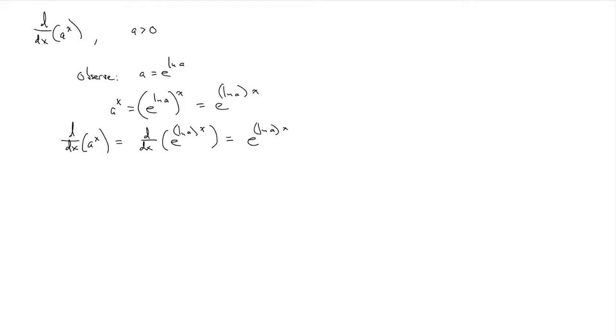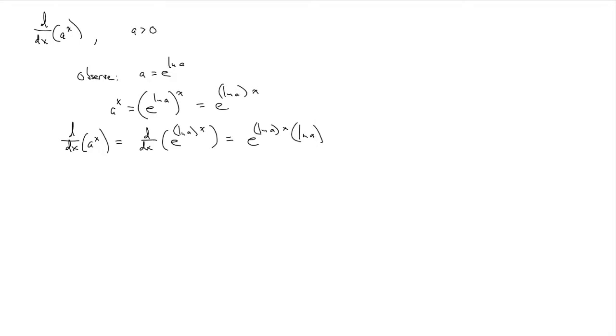And then we have to multiply by the derivative of the function that we just treated like a variable. Well, what's the derivative of natural log of a times x? Natural log of a is just some number. And so you take the derivative of natural log of a times x the same way you would take the derivative of 7x or 94x. Which is to say, you just get natural log of a.